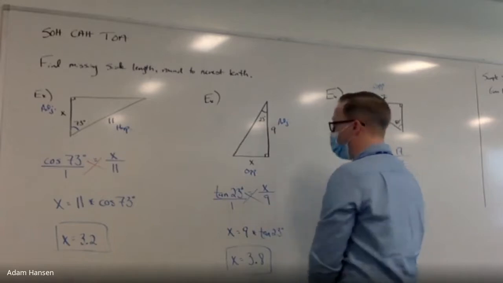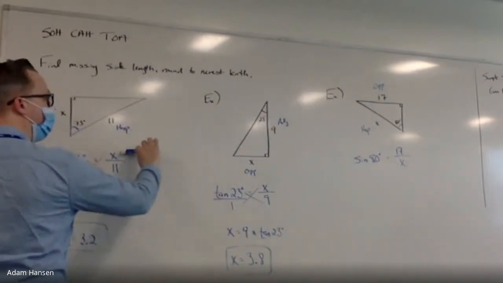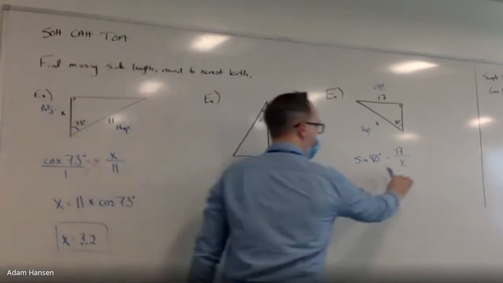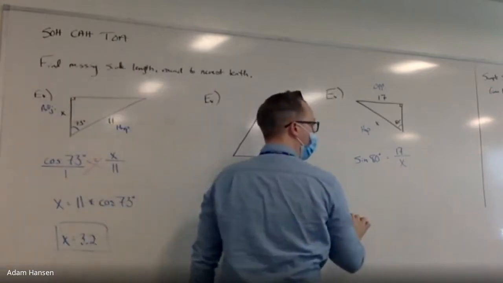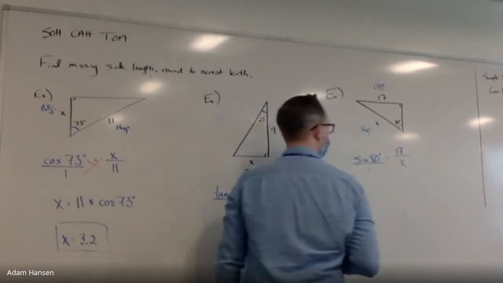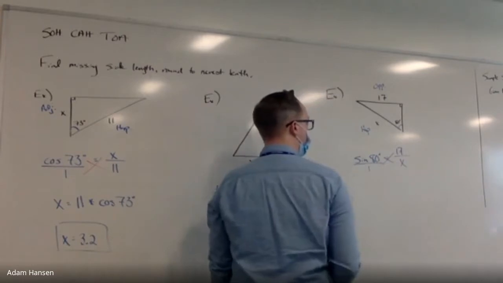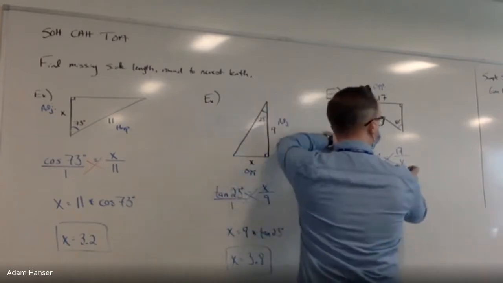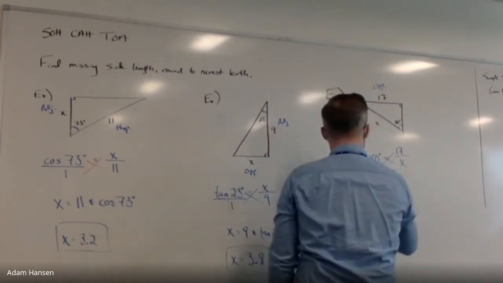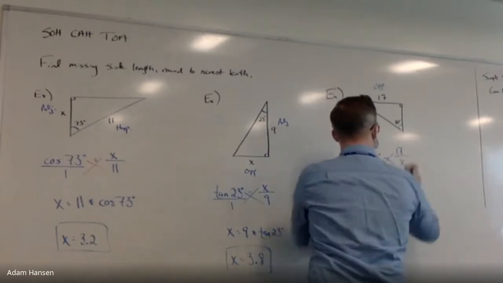This is a little different because usually in these proportions x has been in the numerator, but it's in the denominator here. Still solve it the same way. I'll put sine over 1 and cross multiply. X times sine 80 equals 1 times 17.